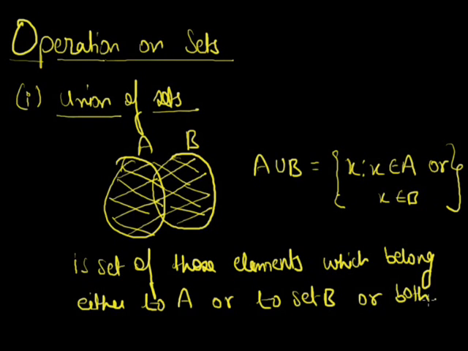It means all those elements which are either present in set A, or present in set B, or present in both, are considered to be the union of sets A and B.